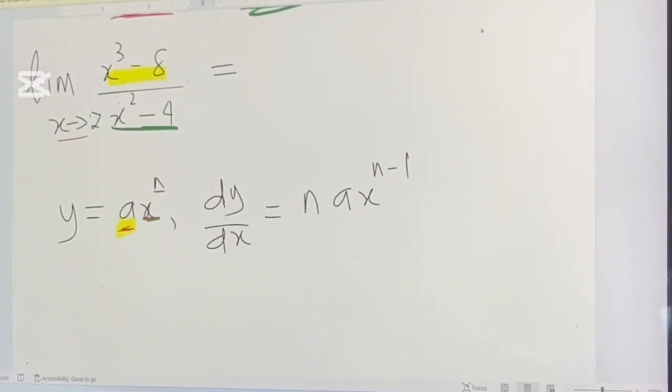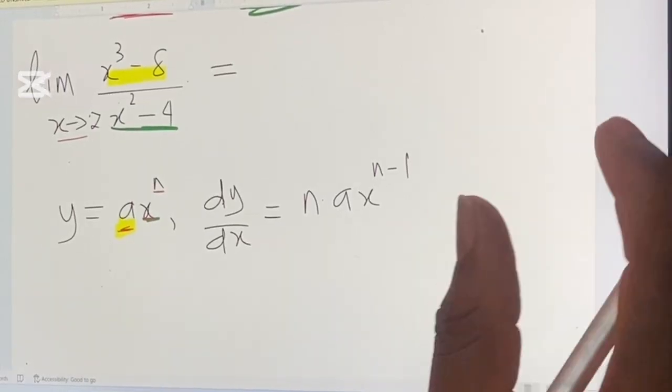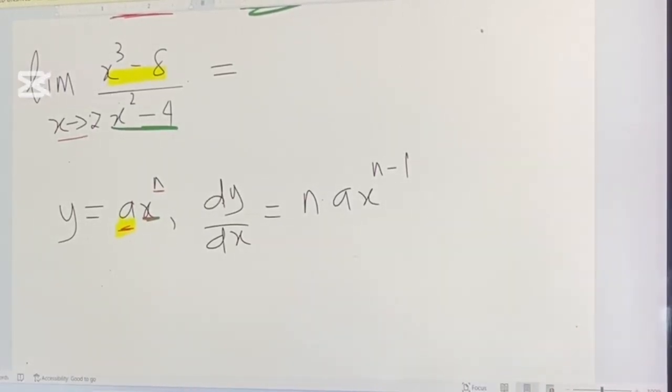When we have more than one monomial function, that is any expression given to you as one digit, a letter, and a power, if you have more than one, how do we differentiate that? We differentiate them term by term, that is one by one. Please take note. But you should also understand that there are what we call constants in a function.